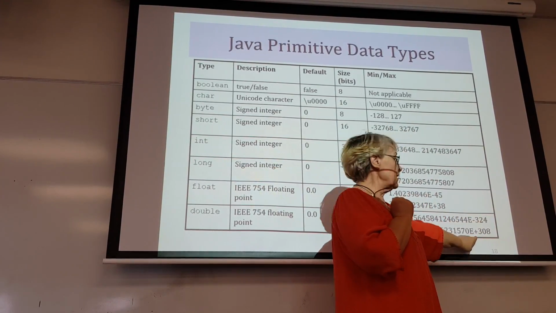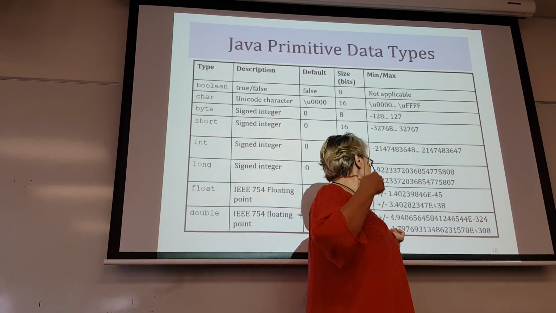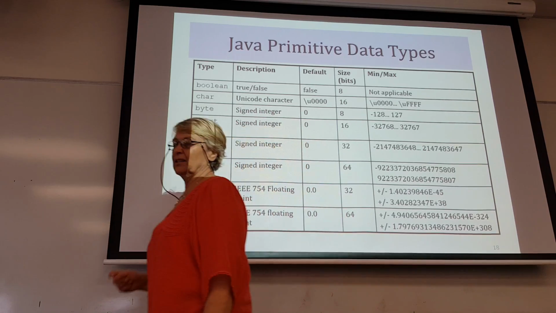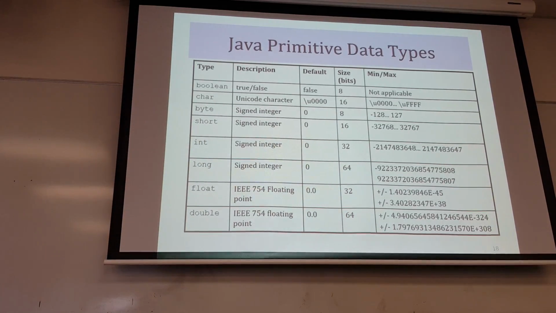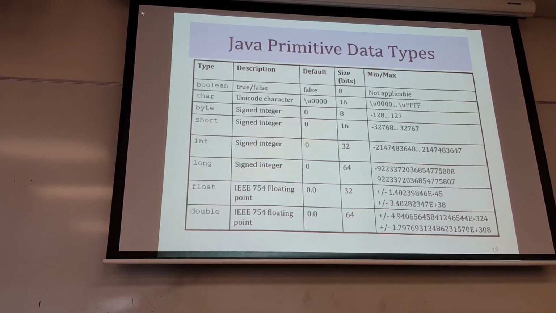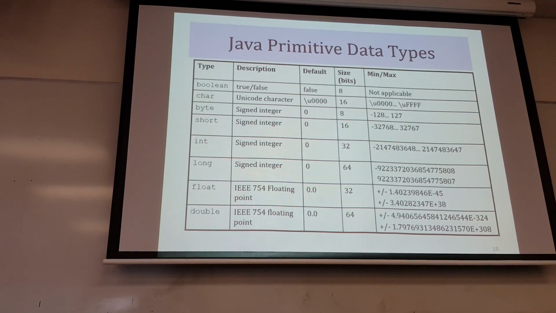And for the double, the largest value is of 1.79 times 10 to the power 308. 308, it's a huge range. For very accurate computation, this might be of use.